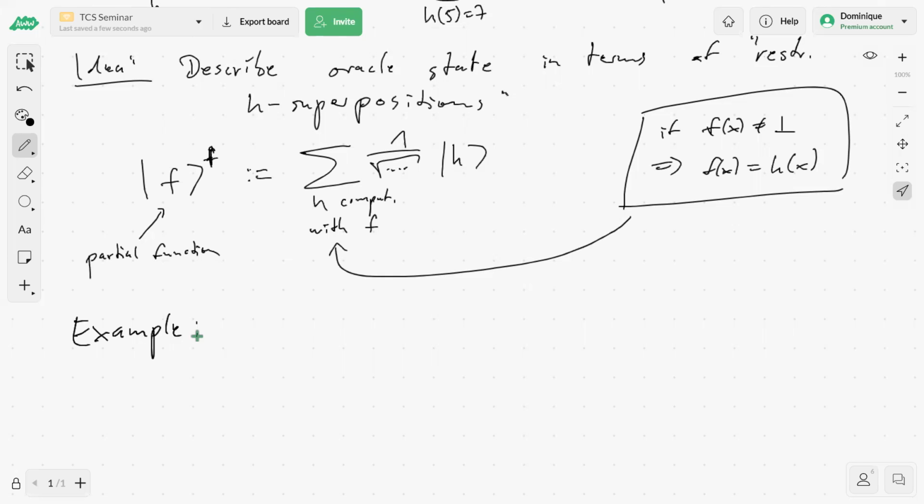So in an analysis, we might want to express the fact that the adversary has not found an input where the output is 0. So this we can do very nicely with this notation. Whether that's useful, we will see in a moment. But first, let's try to express this fact.